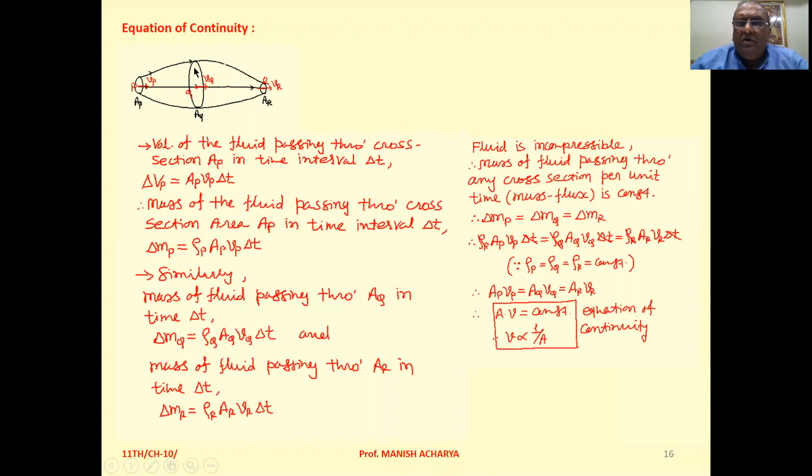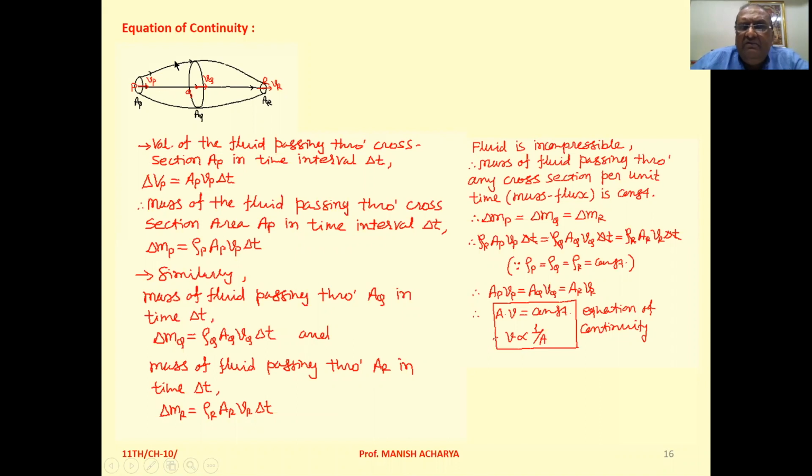Now, equation of continuity. Suppose here we have a steady flow of the fluid. In this particular steady flow, we consider 3 points P, Q and R. At points P, Q and R, consider the cross-sectional areas AP, AQ and AR.